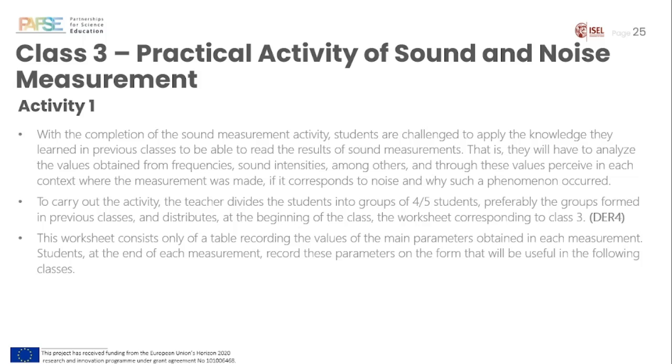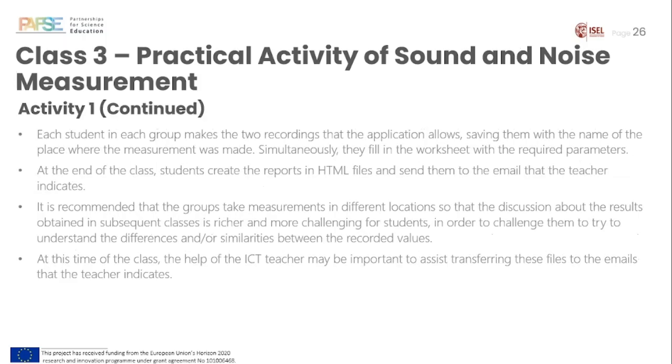This worksheet consists only of a table where students can record the values of the main parameters obtained in each measurement: the minimum, maximum and peak sound intensity, and the average intensity, basically the main parameters that the sound recording tool allows to be recorded in each sound measurement.